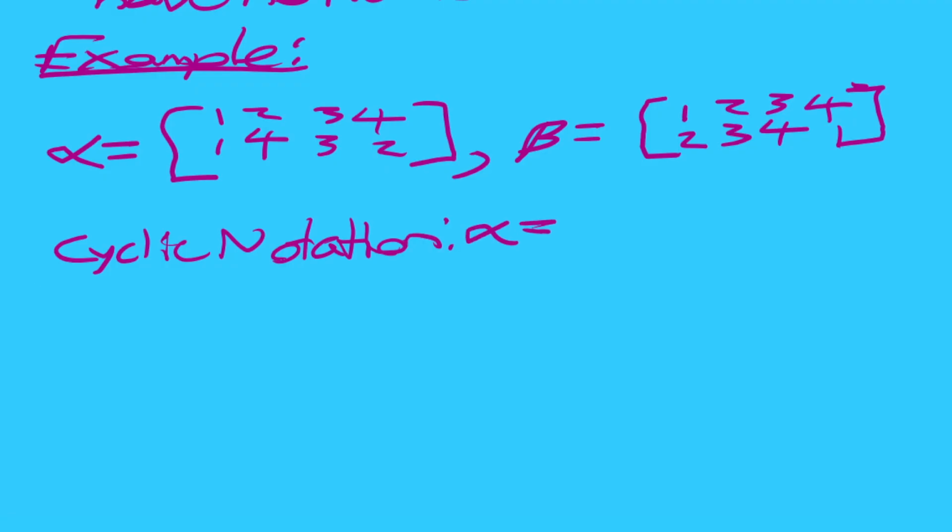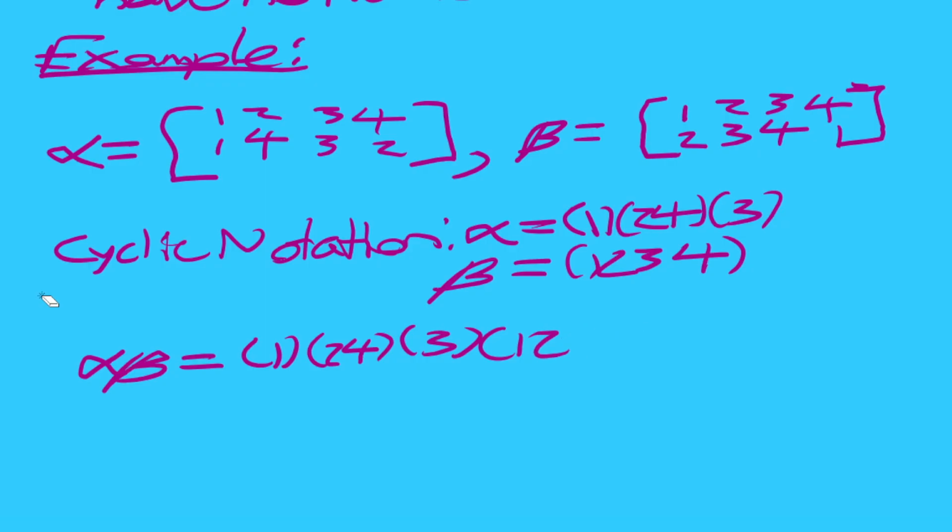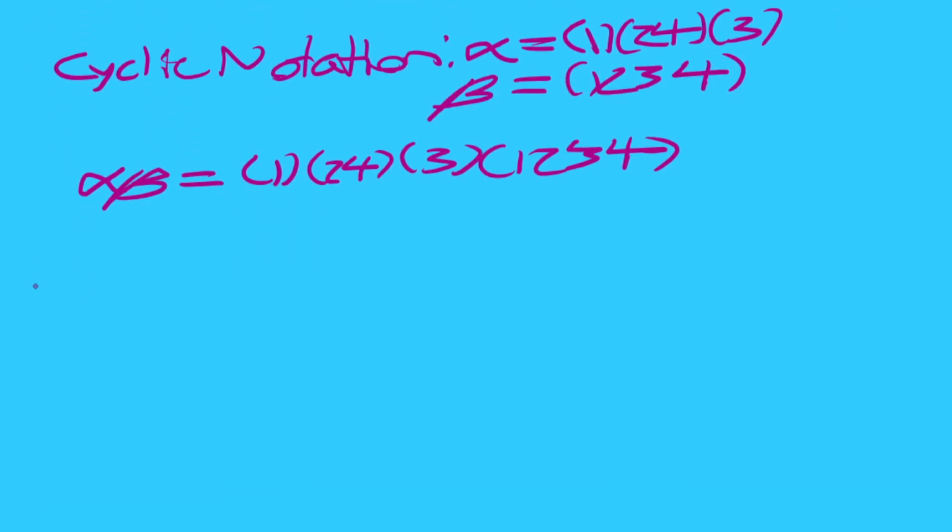So we have alpha is (1)(2 4)(3), and then beta is (1 2 3 4). And then let's write out the composition, alpha beta. It'll be (1)(2 4)(3)(1 2 3 4).